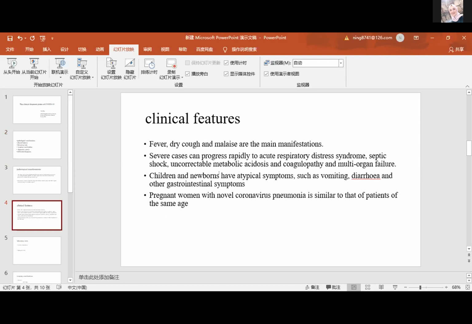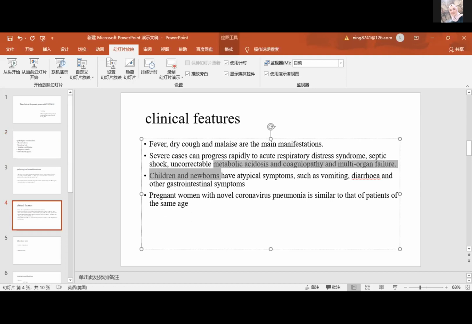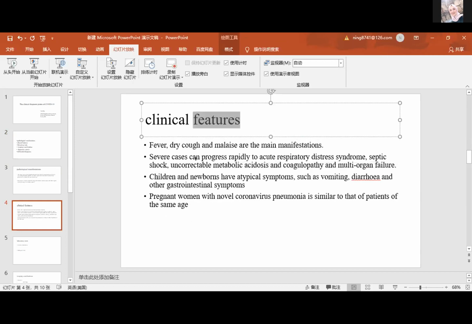Firstly, let's look at the pathological manifestation. According to the results of limited autopsy and puncture pathological specimens, the pathological manifestations of the disease have been described.